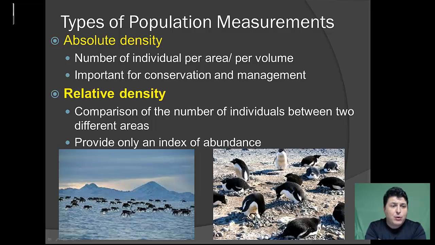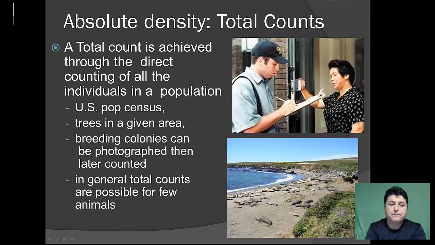This is really important for conservation and management of populations because if we know exactly how many individuals are out there, we can establish an appropriate conservation plan. The relative density of a population is simply a comparison of the number of individuals between two different areas. Unfortunately, this only provides an index of abundance and is not very useful in establishing a conservation plan.